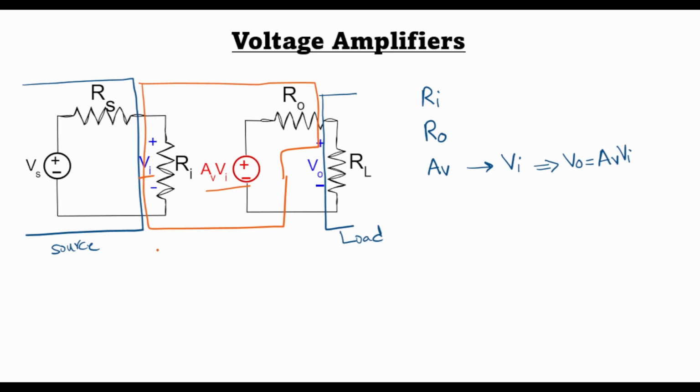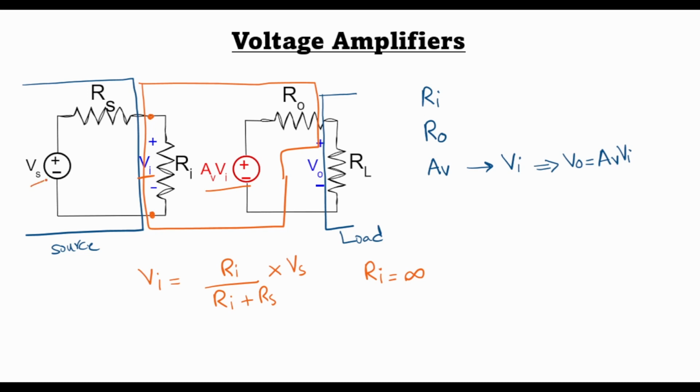So we know from voltage division that the voltage Vi across the input impedance is given by Ri over Ri plus Rs times Vs. Now ideally for a voltage amplifier we would like that Ri, the input impedance, is equal to infinity. So for the ideal case where the input impedance is infinity, we can assume that these two points are open.